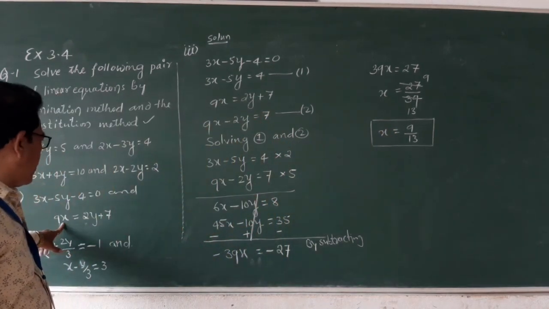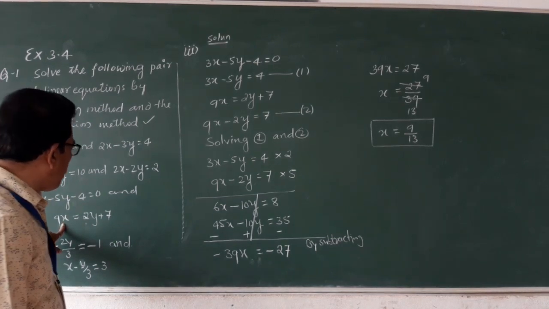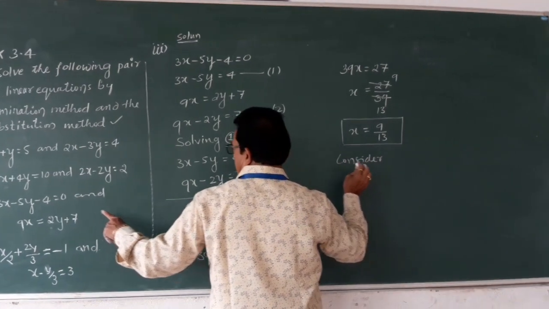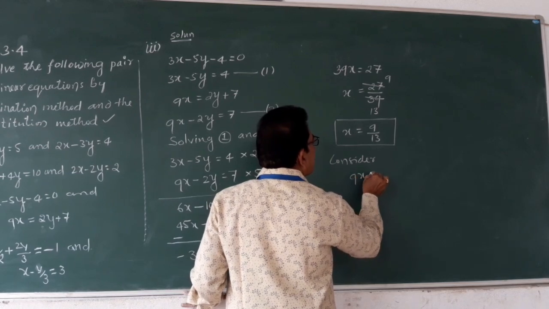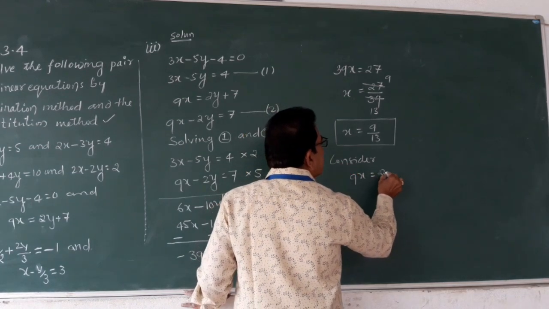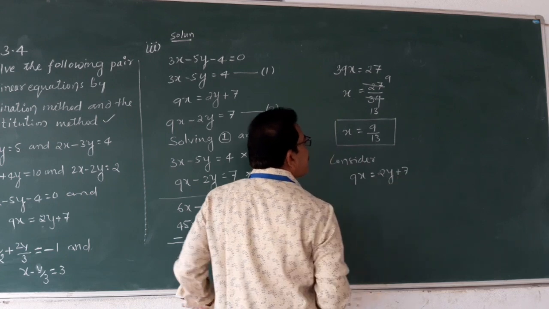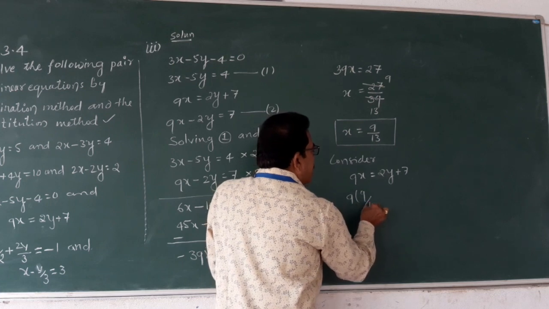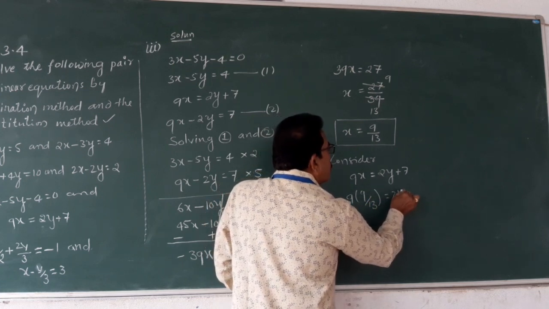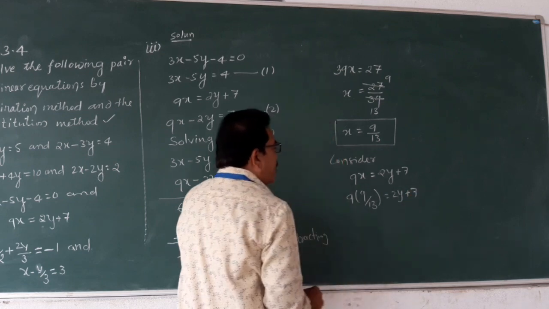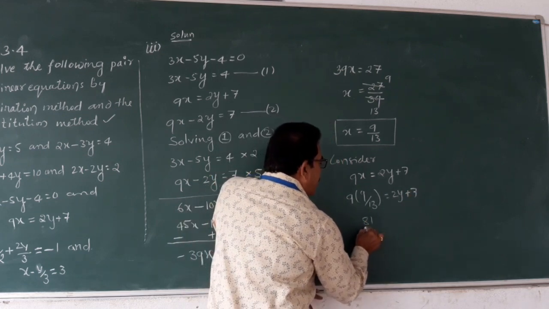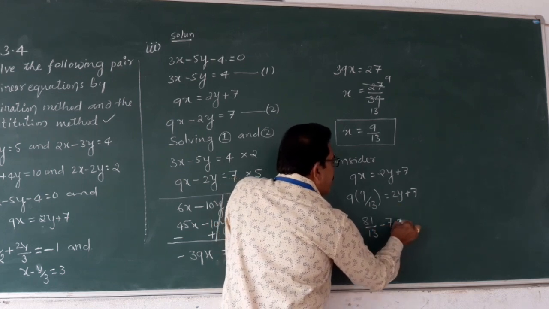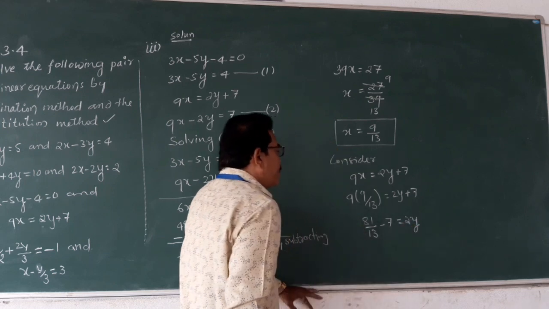For example, let us take this one: 9x equals 2y plus 7. 9 into x means 9 times 9 by 13 equals 2y plus 7. 9 9s are 81 by 13 minus 7 equals 2y.